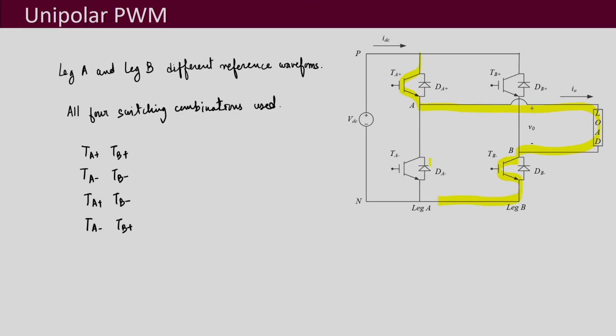When the lower two switches are turned on, the current direction is still positive, it flows through here and then has to go through the diode. So TB minus and DA minus are supposed to conduct.